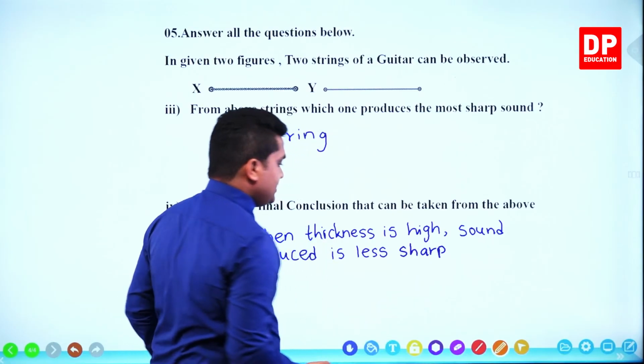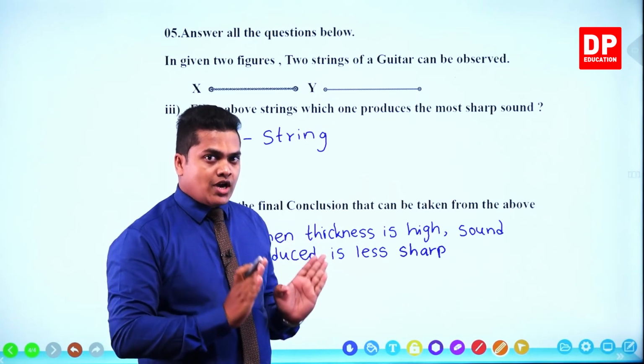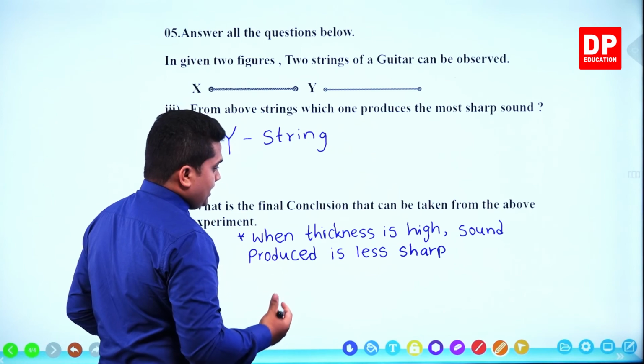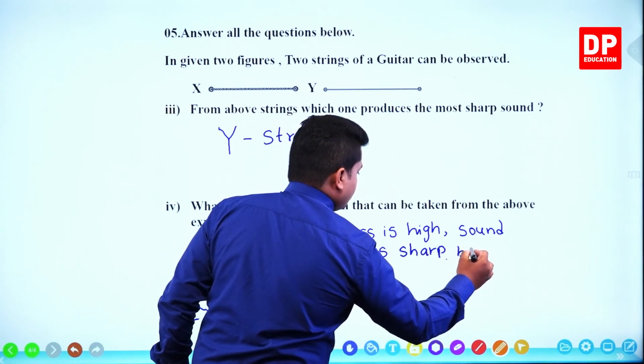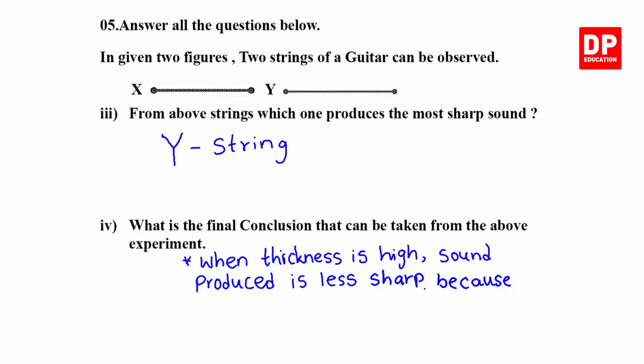Less sharp means less intensity. So the sound produced is less sharp because the frequency is low.